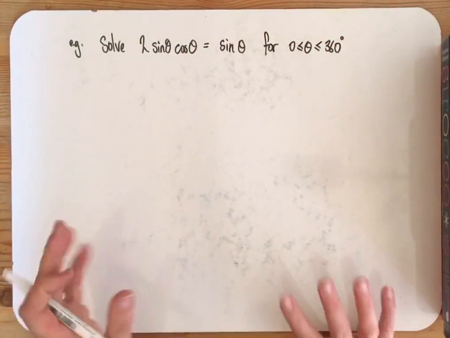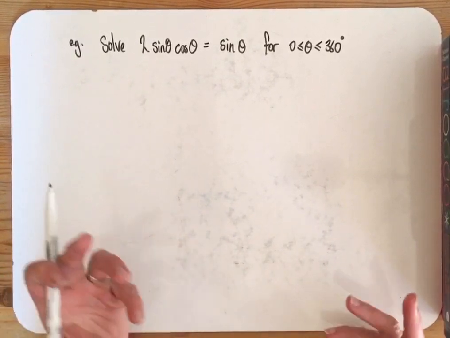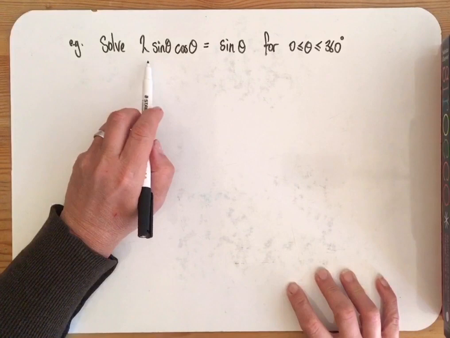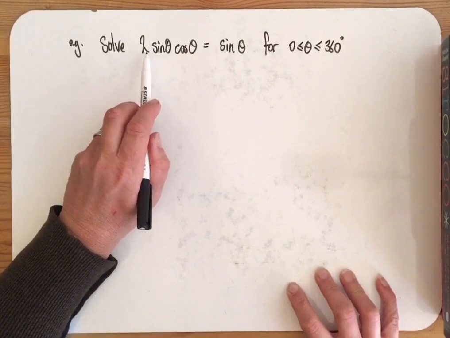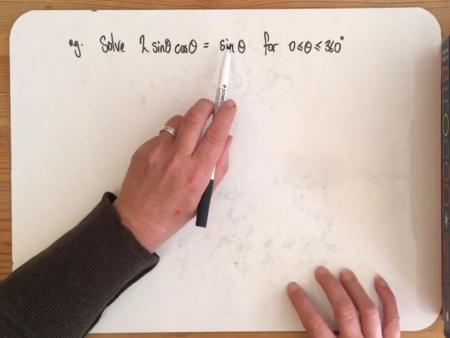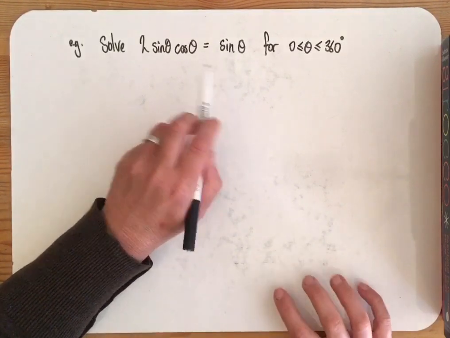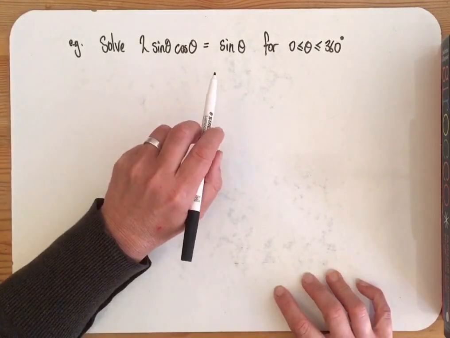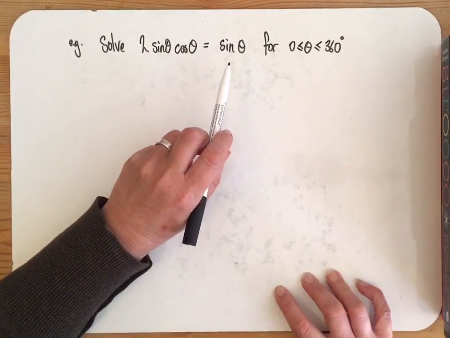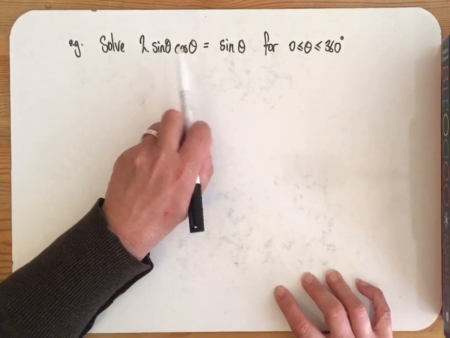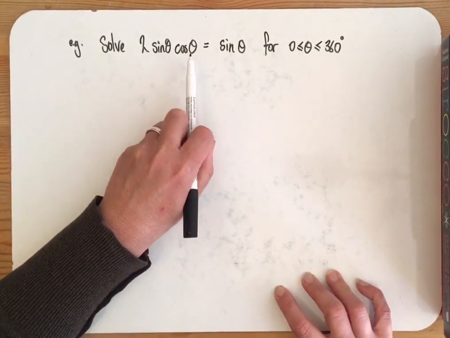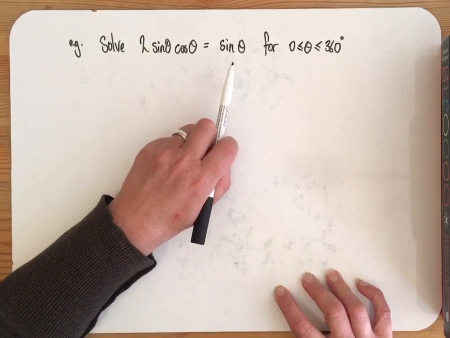So it looks like tan, so it looks like you can divide through by cos to get tan, similar to the one on the other side of the board. But if I divide this by cos theta, I'll get 2 sine theta equals tan theta. And so we've still got 2 trig identities in one equation. And the other thing you've got to be careful of is it's really tempting to divide both sides by sine theta to get 2 cos theta is equal to 1.